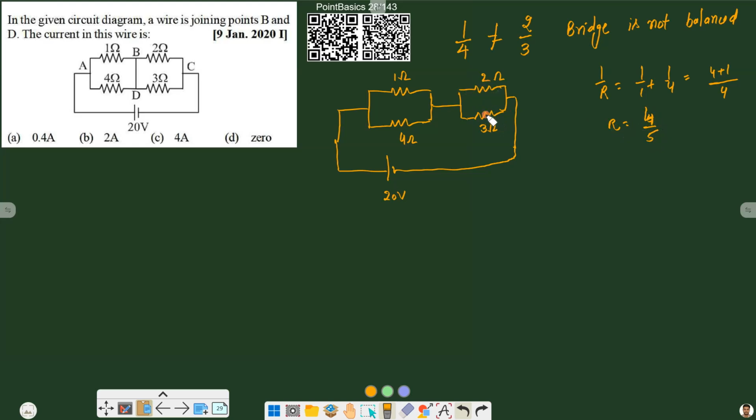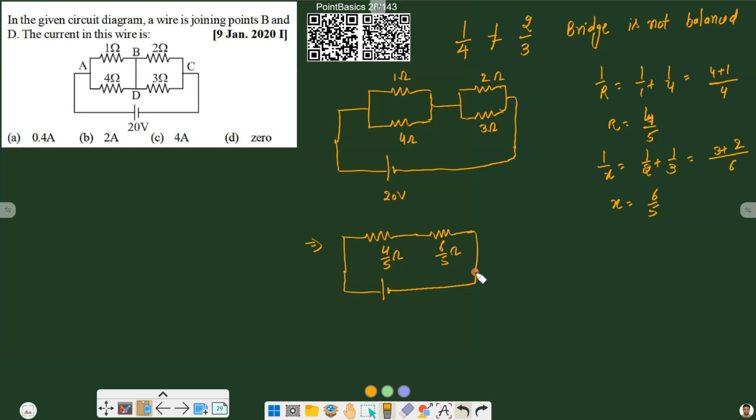Now let's suppose the resistance of the other parallel combination is X, so 1 by X is equal to 1 by 2 plus 1 by 3, LCM 6, 3 plus 2, and X will be 6 by 5. So we can reduce our circuit like this: it will be 4 by 5 ohm and 6 by 5 ohm, and we have a 20 volt battery connected here.